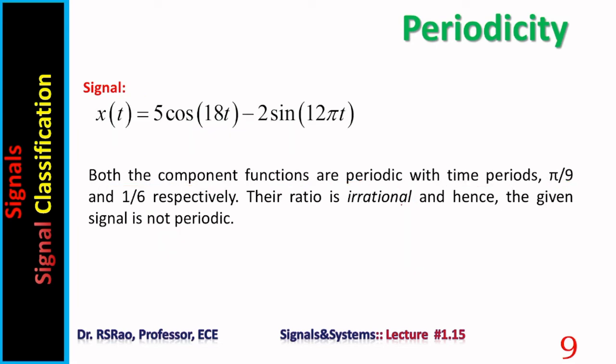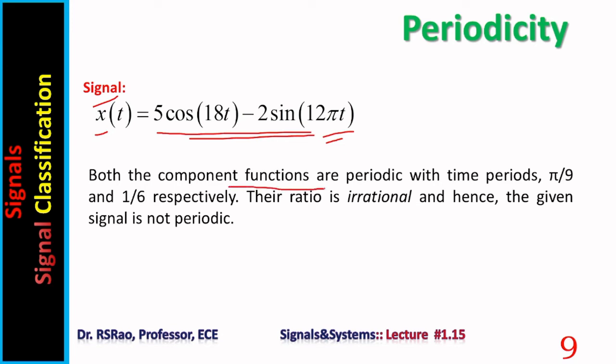Let us move further. Consider another signal x of t equal to 5 cos 18 t minus 2 sin 12 pi t. Notice two parts are there in the signal. Both parts are periodic. Cos and sine functions are always periodic. Let us see whether this combination is periodic or not.